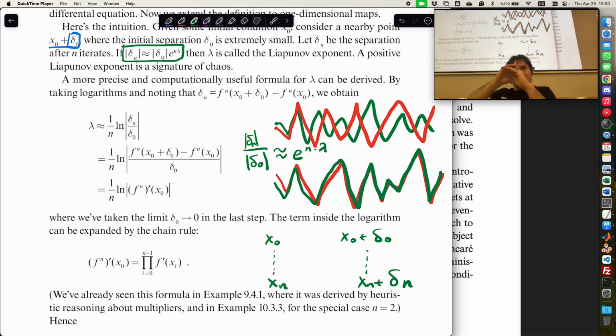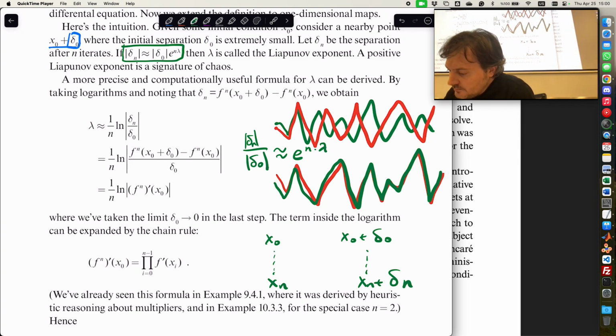If lambda is negative, then it's exponentially decreasing. So we will actually pinpoint the exact position where chaos starts by calculating the Lyapunov exponent for our map.